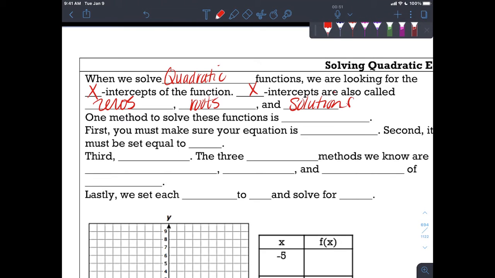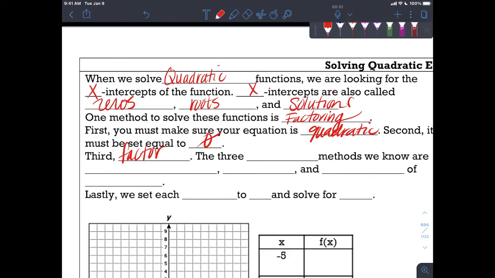One method to solve these functions is called factoring. First, you must make sure your equation is quadratic. Second, it must be set equal to 0. Third, you have to factor.